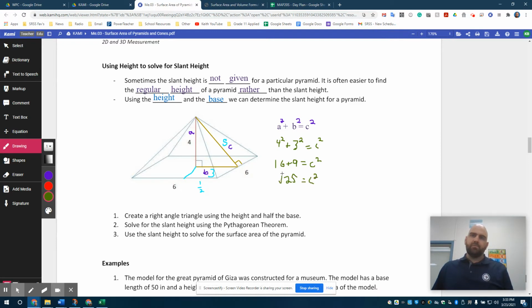To get rid of the squared, we take the square root of both sides. This is going to be C, and the square root of 25 is 5. So this side is actually 5, not just S. So our slant height is 5, and then we could find our surface area using that slant height of 5. Use the Pythagorean theorem, use a right angle triangle to come up with our slant height.